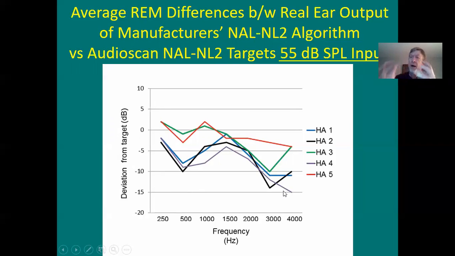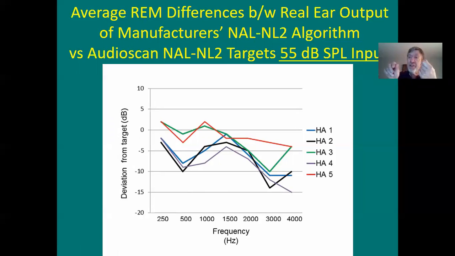So they buy the rights to use NAL2. They pay NAL, God knows how many thousands of dollars, to use NAL2's patented fitting method. They contact Australia, and each of the manufacturers buys the rights to use NAL2, but then they tweak it.